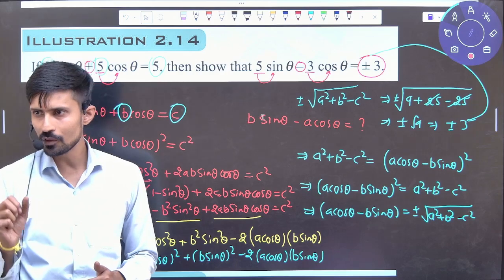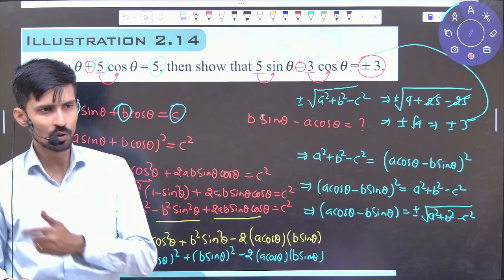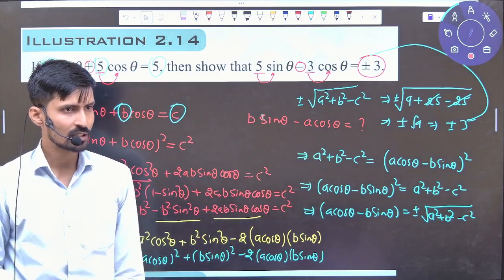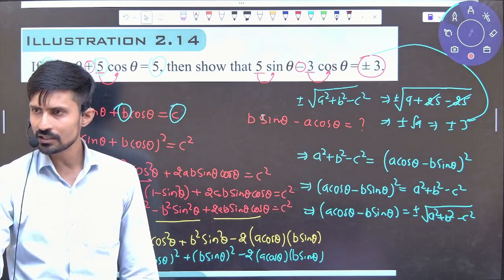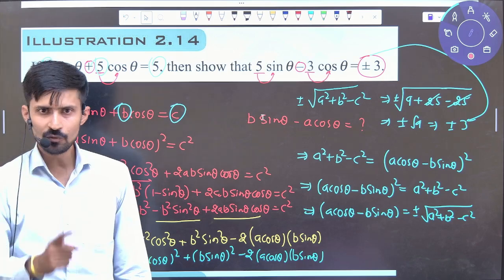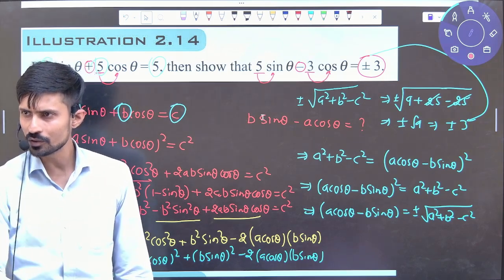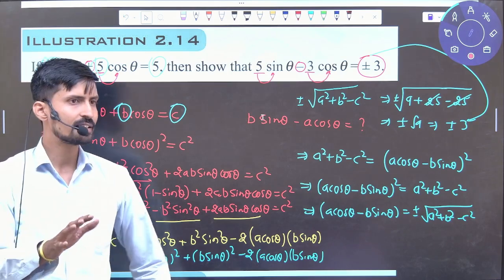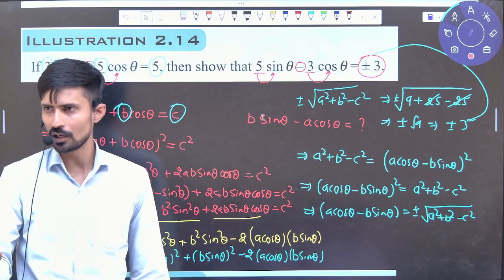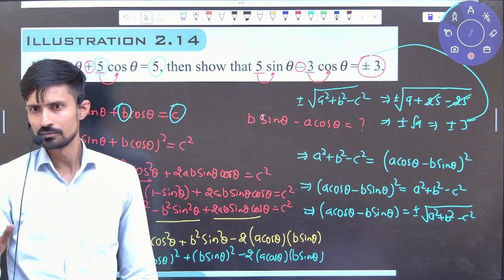Suppose 100 types of questions are present in trigonometry. You know all 100 types of questions. You can score all 100 marks in trigonometry. And if you don't know one type of question and that question comes in the exam, you cannot solve that question. So here it doesn't depend on how much of a genius you are. Simple.